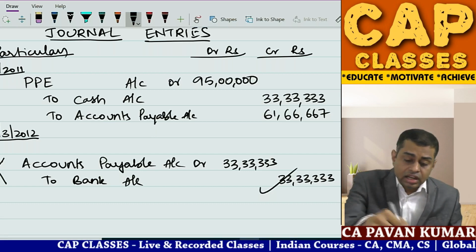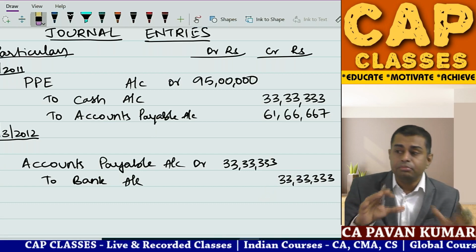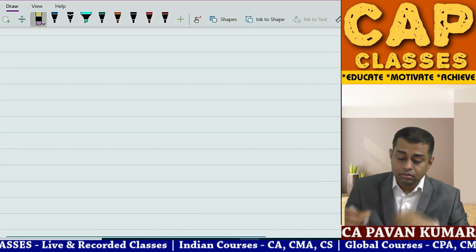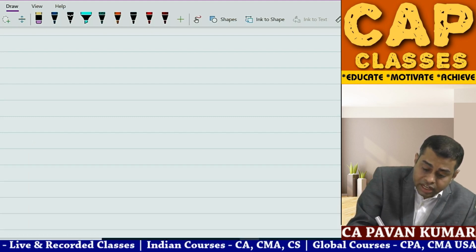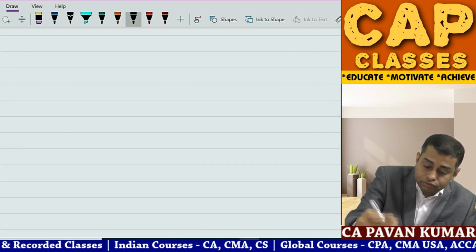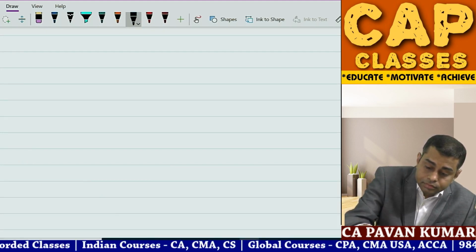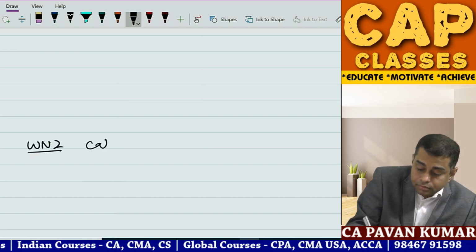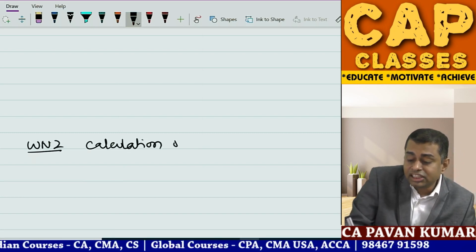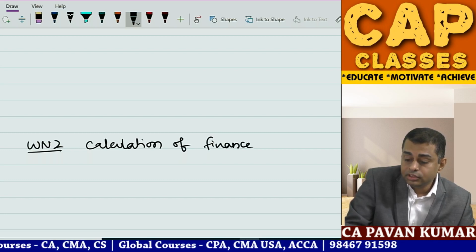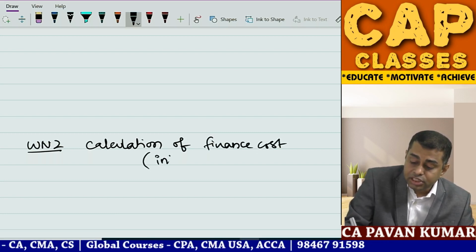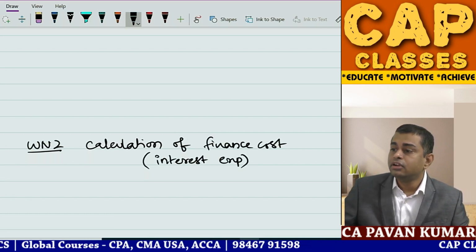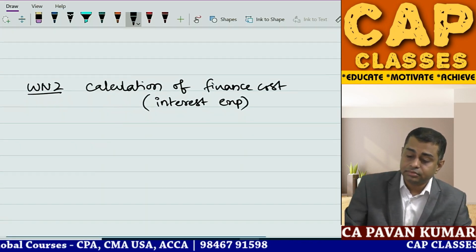Leave space for another journal entry, some 5-6 lines, and then prepare working note 2. Statement showing calculation of finance cost, or you can write interest expense.